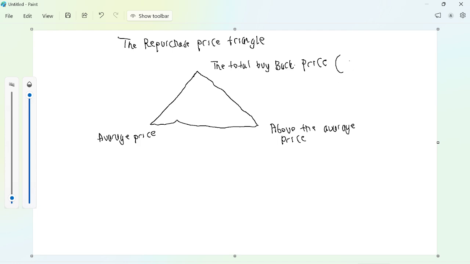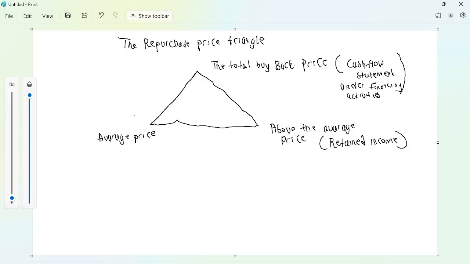So this one goes to the cash flow statement under what? Financing activities, right? So here it goes to retained income. And then average price goes to where? Ordinary share capital, right?